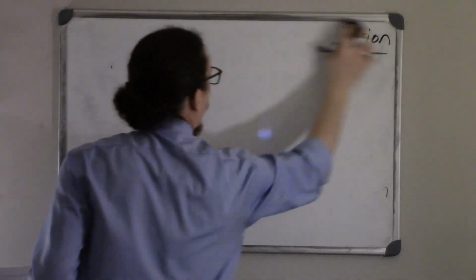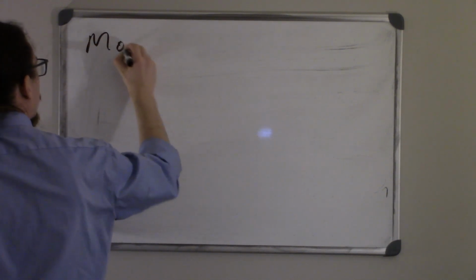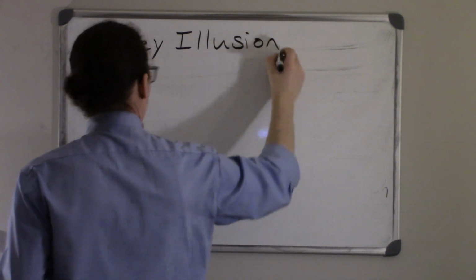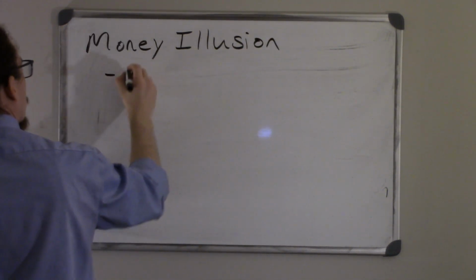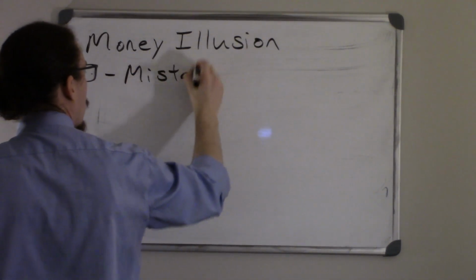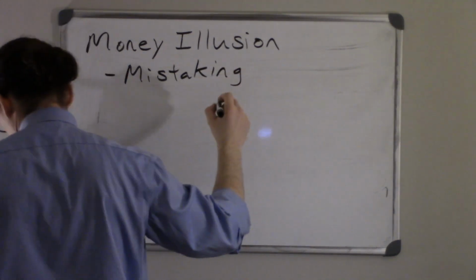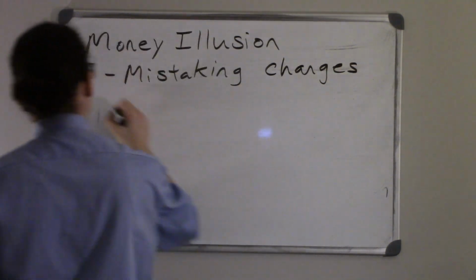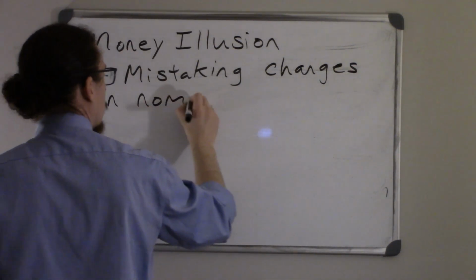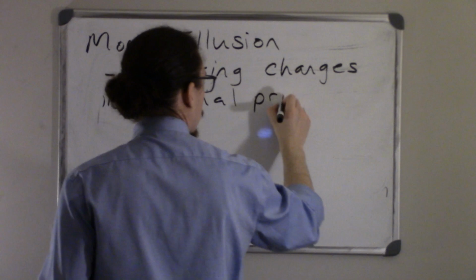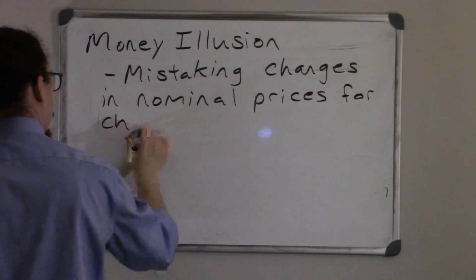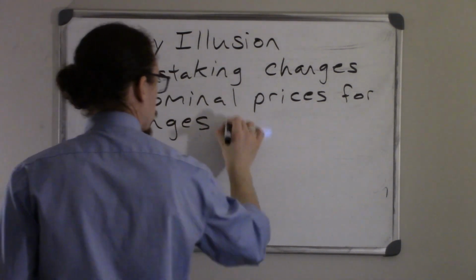The next thing in this category is money illusion. All right, so money illusion is when we are mistaking changes in nominal prices for changes in real prices.